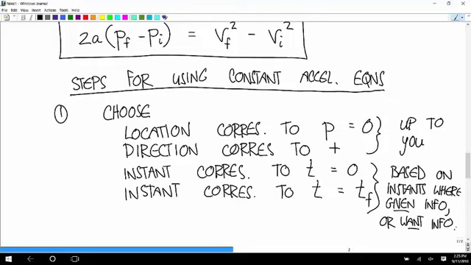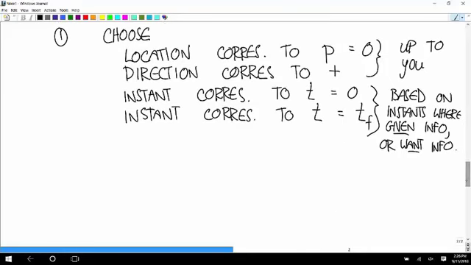Okay. Choosing those instants is crucial. If you get those wrong, you're done. You can't go any farther than that. The other two are up to you. That's the first step.